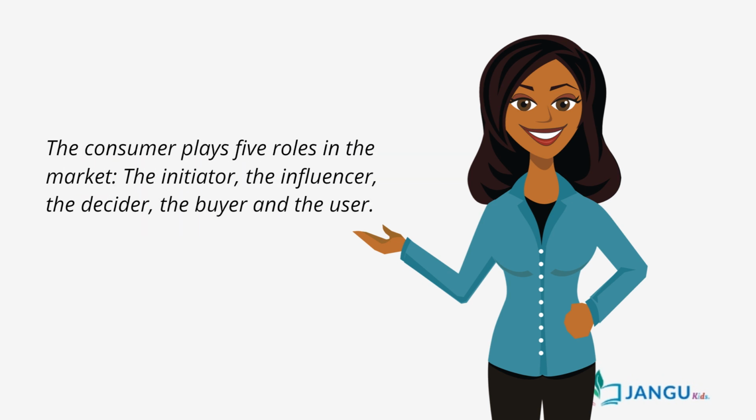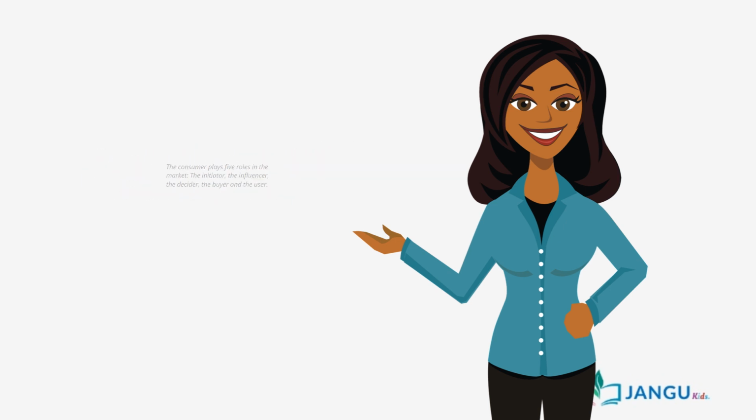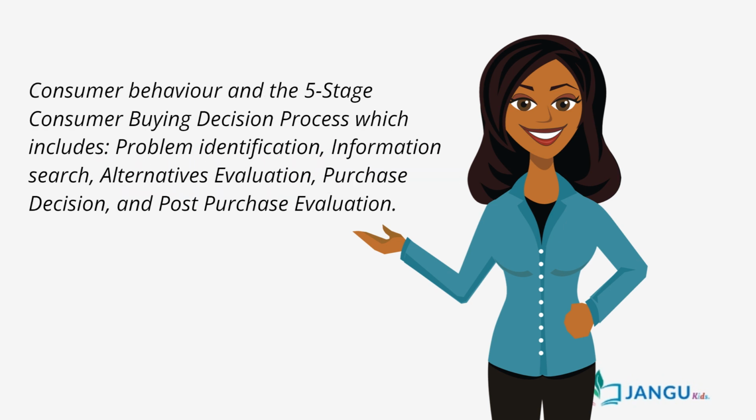The second idea is that the consumer plays 5 roles in the market: the initiator, the influencer, the decider, the buyer, and the user. Another idea is consumer behavior and the 5-stage consumer buying decision process, which includes problem identification, information search, alternatives evaluation, purchase decision, and post-purchase evaluation.